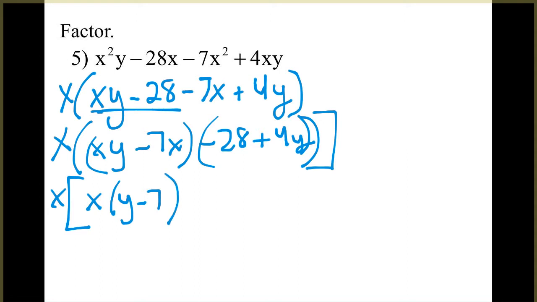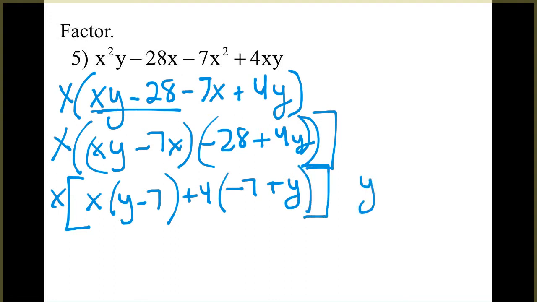Step 2, I'm going to divide out a 4, a plus 4. And notice I'm left with negative 7 plus y. Well, that means the same thing as y minus 7. The 7 is negative, the y is positive. So I'm just going to rewrite that.